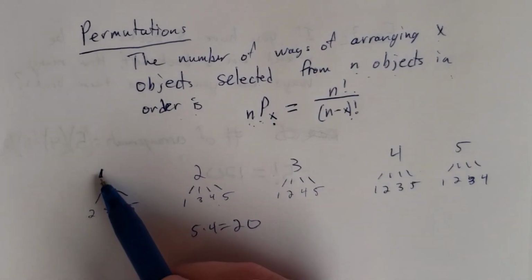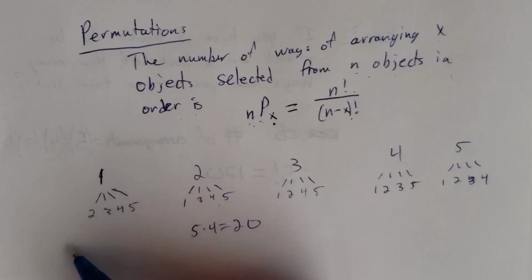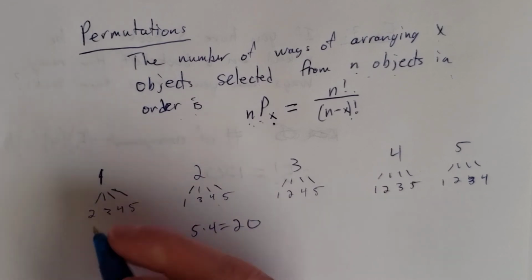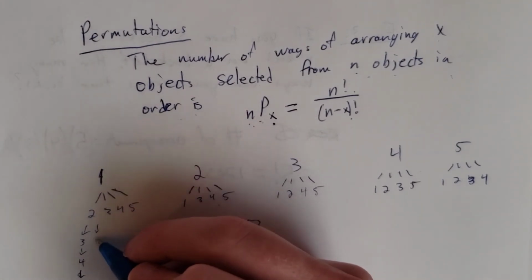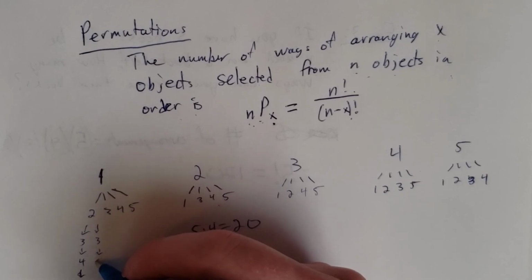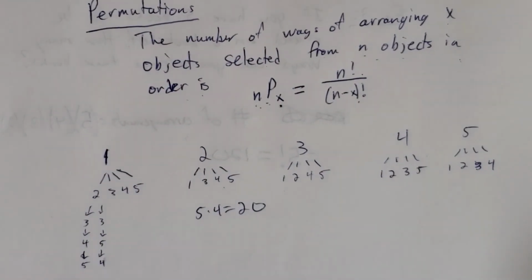So if the first person is first and the second person is second, then from there on for 3rd, 4th, and 5th, we could have had the 3rd person, 4th person, 5th person, or we could have had the 3rd person, then the 5th person, and then the 4th. That could have been the ordering.